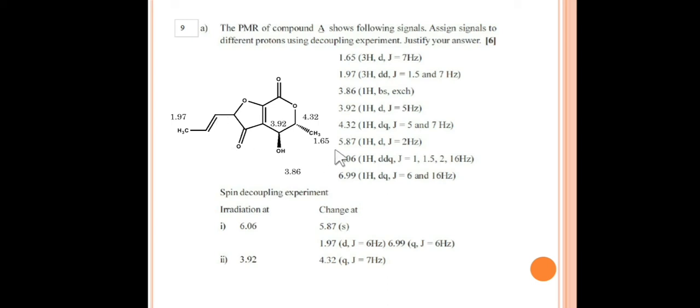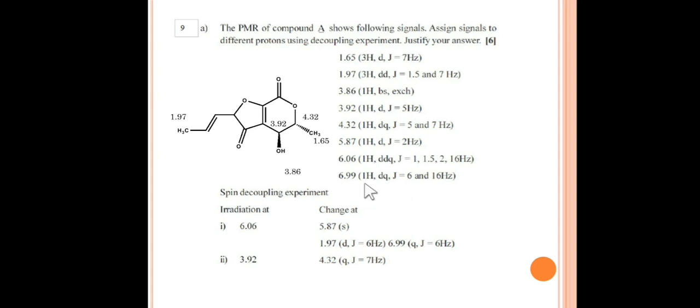Okay, now let's consider these olefinic protons also. 6.06 and 6.99. Both are showing a doublet of quartet. That means this proton will show a doublet of quartet, and this will show a doublet of quartet.